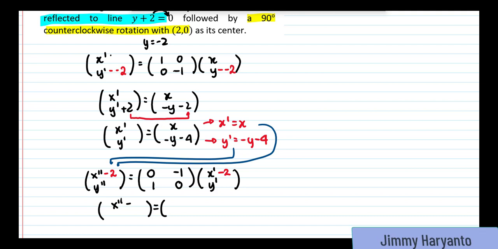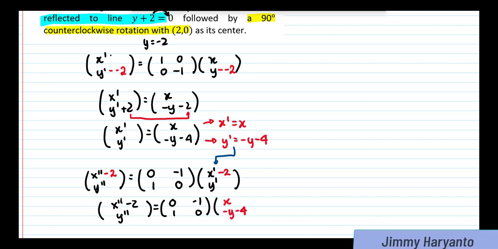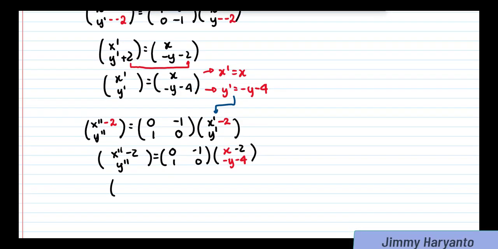So x double prime minus 2 y double prime, and then for this one is 0, negative 1, 1, 0. You will replace the x prime right here, not go to the left hand side, yeah, right here. So the x prime will become x, and the y prime will become negative y minus 4, and we still have negative 2 right there. That means the result will be like that.